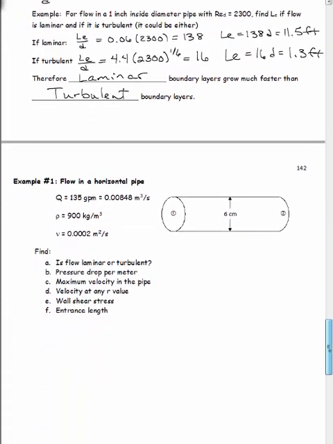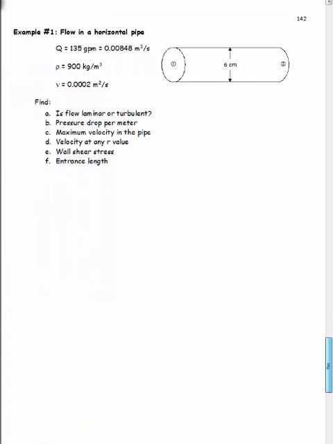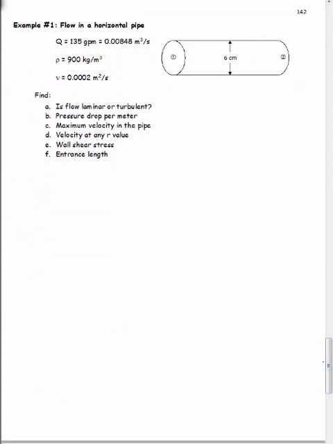And let's go ahead and do an example. Here we have flow in a horizontal pipe. Okay, first of all, is it laminar or is it turbulent? Well, again, Reynolds number determines that, so let's calculate the Reynolds number. Reynolds number, if you remember, is VD over nu.